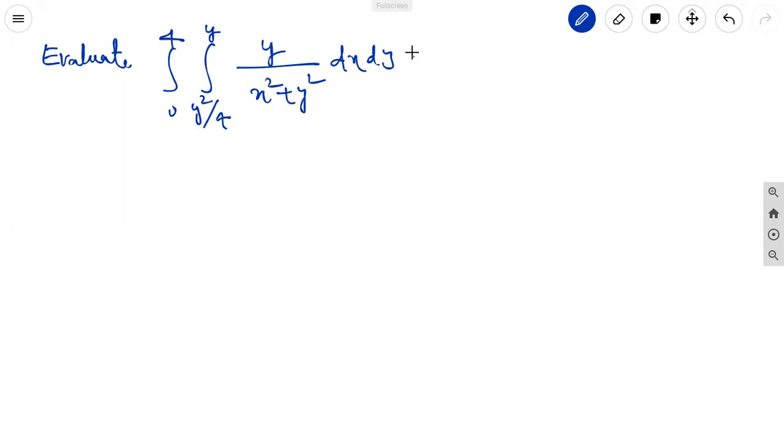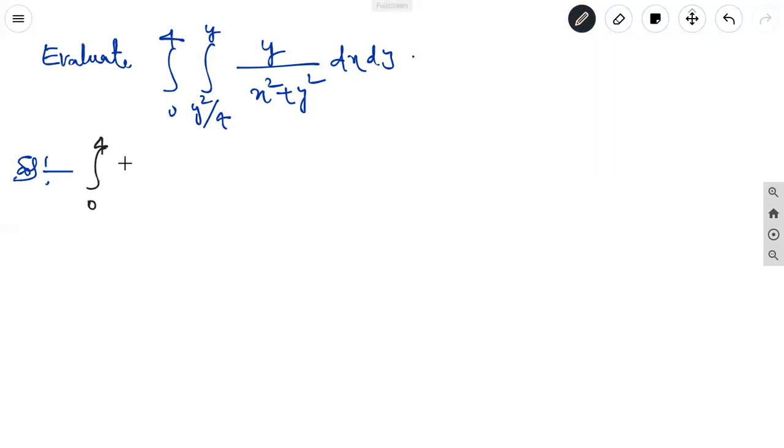Here the x variable can be expressed as a function of the y variable, that we can remember. That's why first we integrate with respect to x only. That is the solution here.